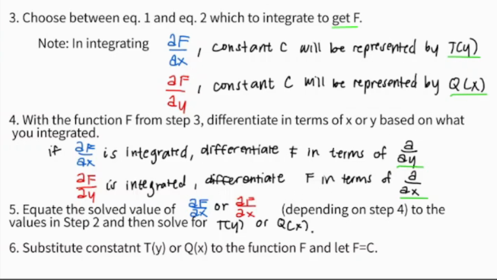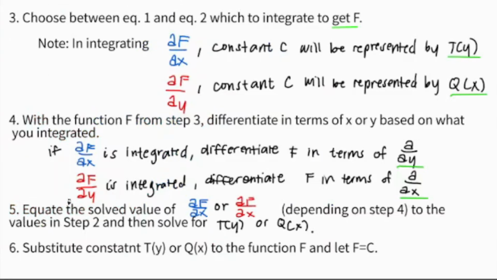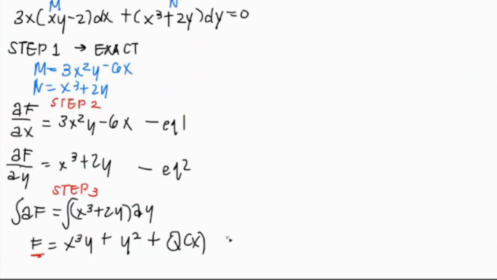So, if df over dx is integrated, differentiate f in terms of d over dy. Ang ginawa natin dito, ito yung in-integrate natin, df over dy. So, if df over dy is integrated, differentiate f in terms of d over dx. So, ang gagawin natin is di-differentiate natin siya in terms of d over dx.